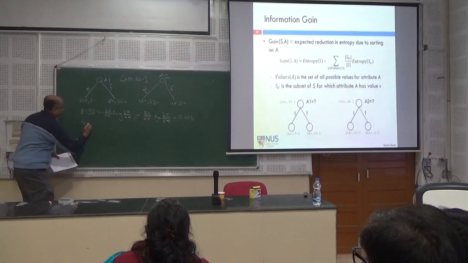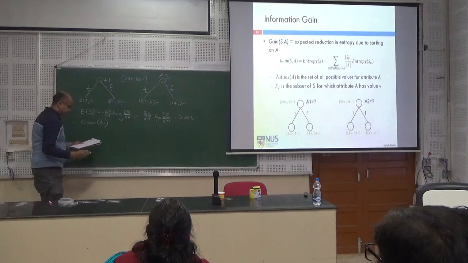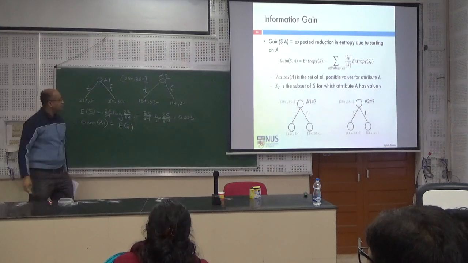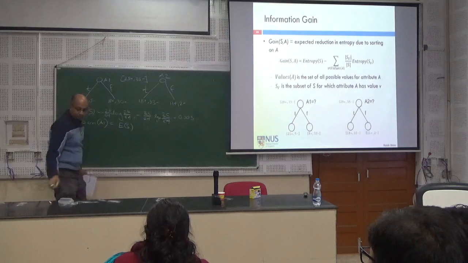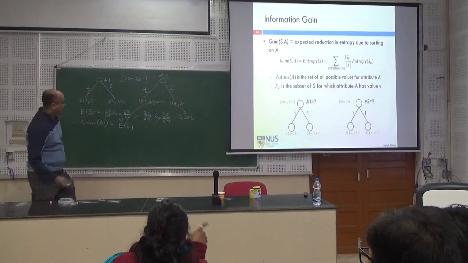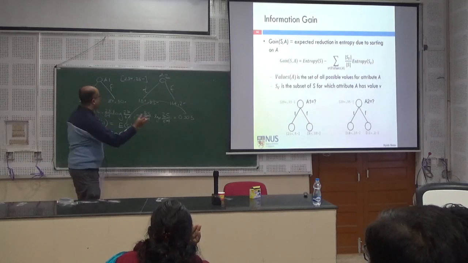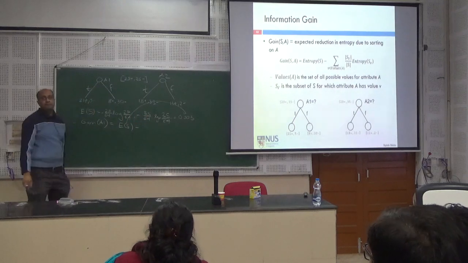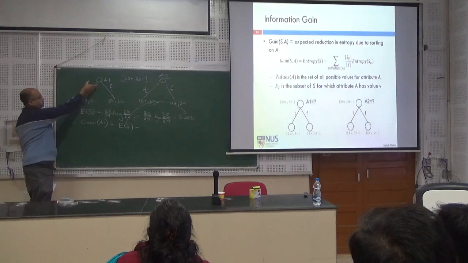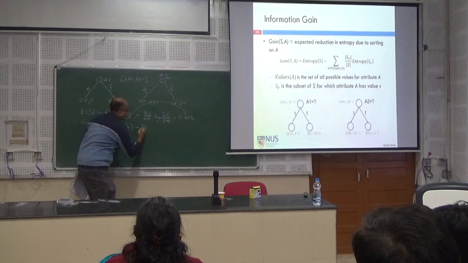So what is the gain of A1? This is entropy of S itself, which is somewhere around 0.993, right? This is entropy of S minus that thing. And we have two cases, this and this. What is S_v here? How many samples are coming? 21 plus 5, 26, right?